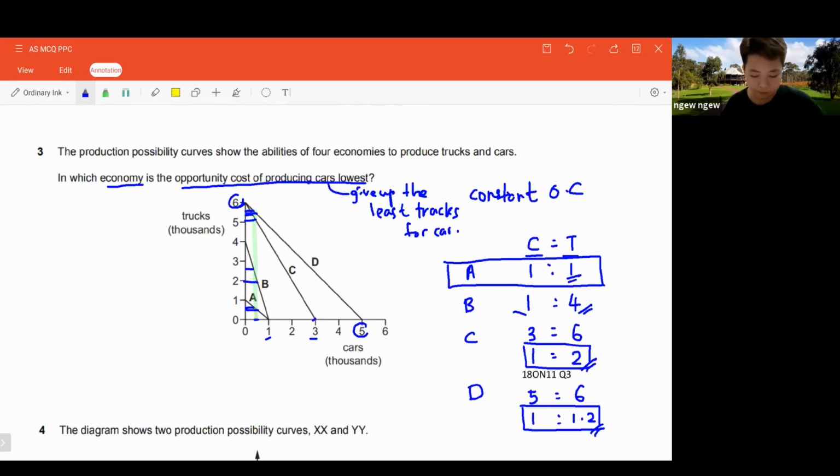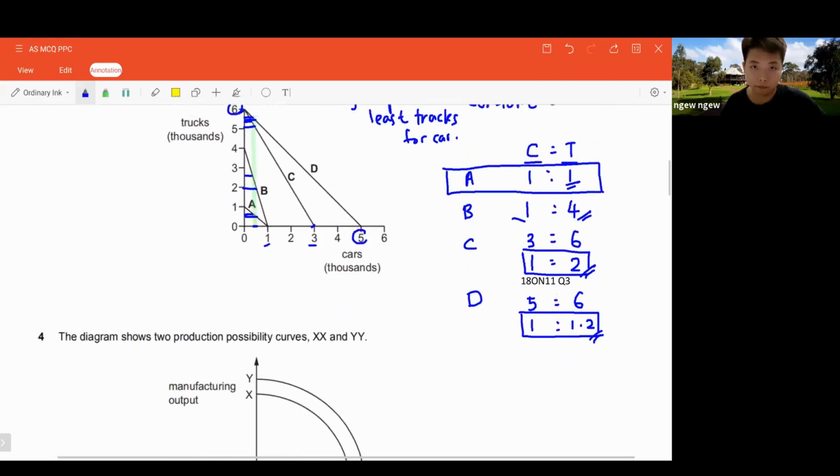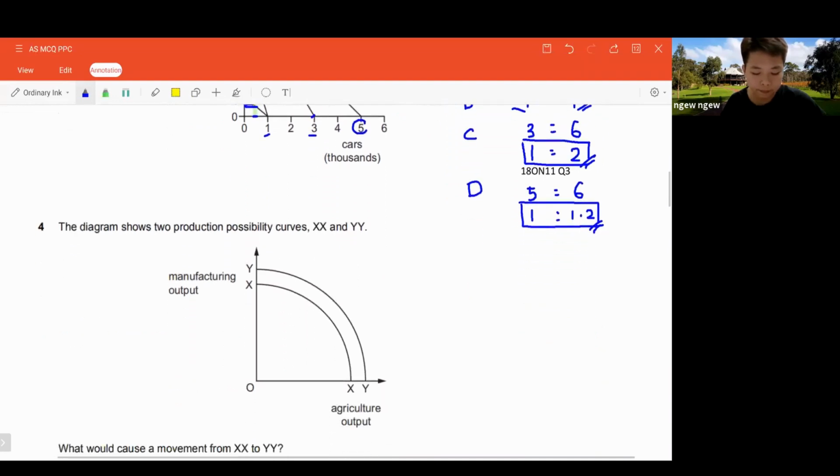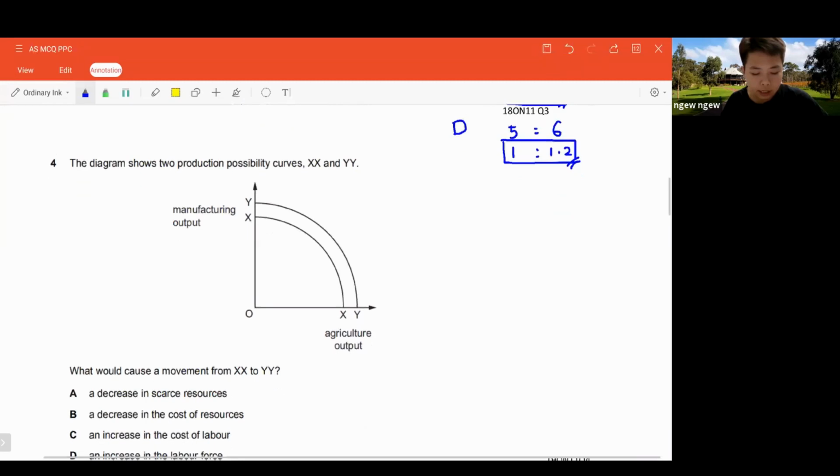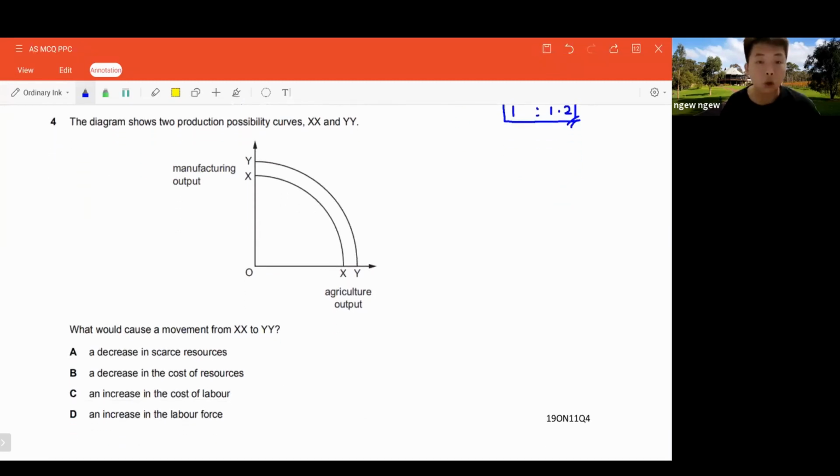Okay, we move on. The last multiple choice question is asking, there are 2 PPCs here, XX and YY. And then they ask, what caused a movement from XX to YY? Guys, in your exam, always draw an arrow to remind yourself, to avoid making careless mistakes.